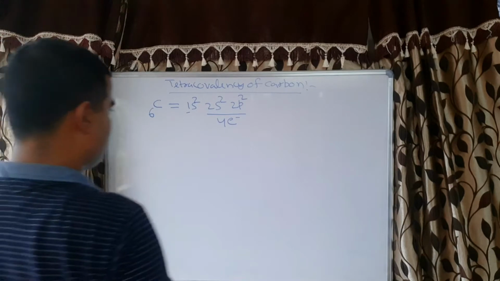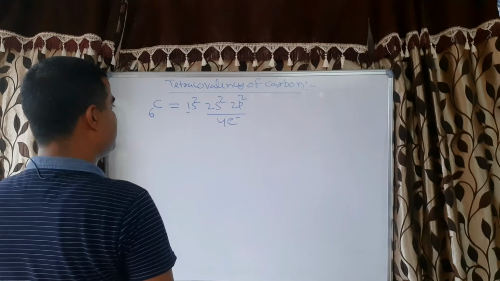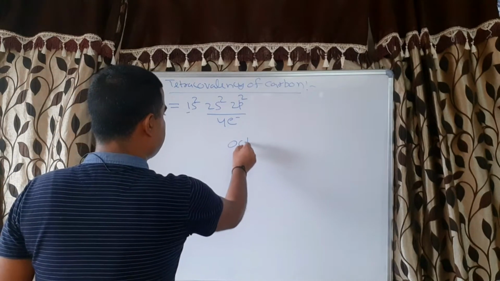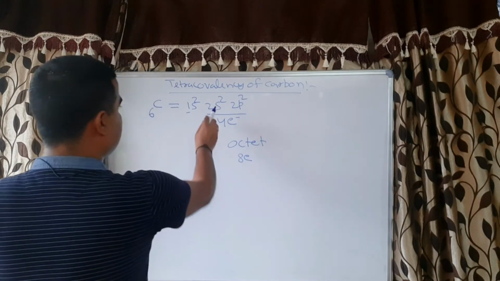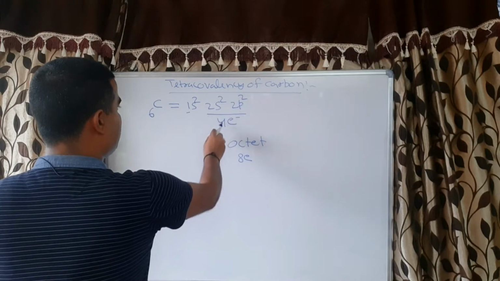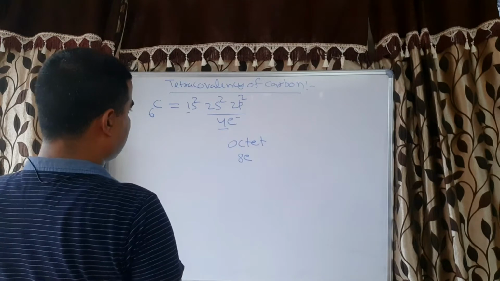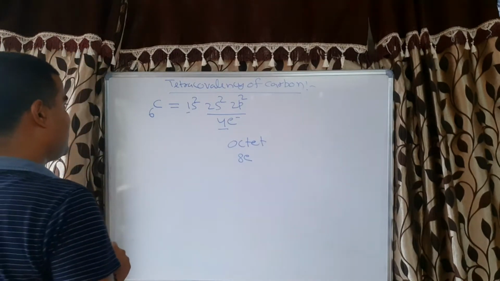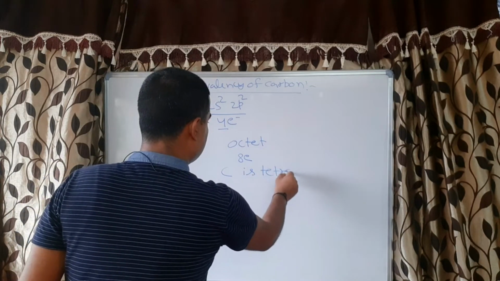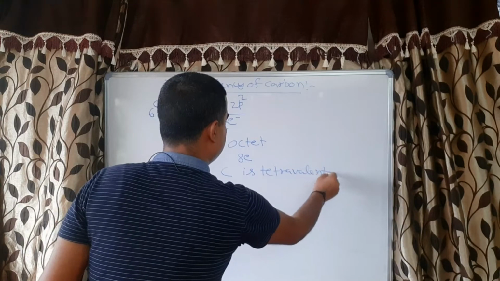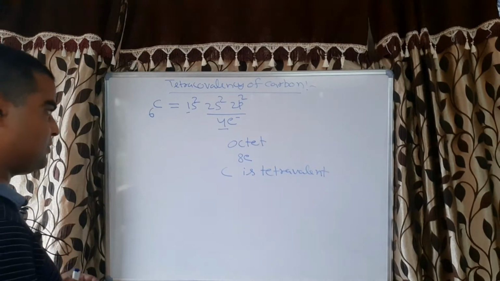Since there are 4 electrons, it needs 4 more electrons to complete its octet, because octet means in the valency shell there should be 8 electrons, but here there are only 4 electrons. So since it needs 4 more electrons, carbon is called tetravalent. Tetravalent means it needs 4 more electrons.